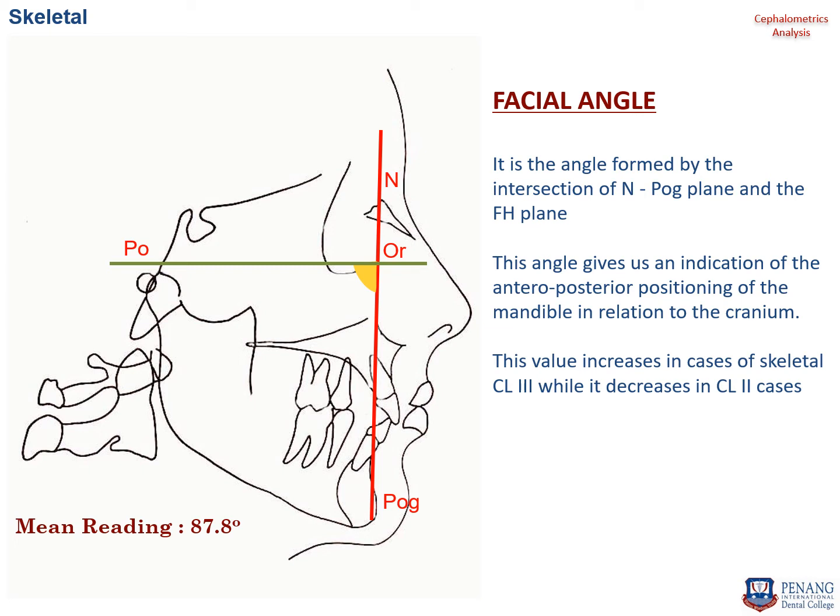As we are taking pogonion as reference, this value increases in case of skeletal class 3, as the pogonion can be placed forwards, while it decreases in class 2 as pogonion can be in a retruded position.